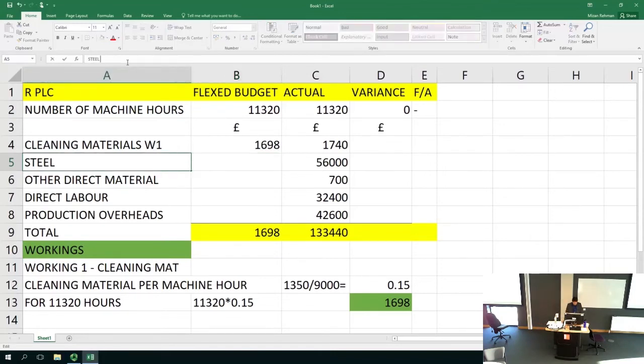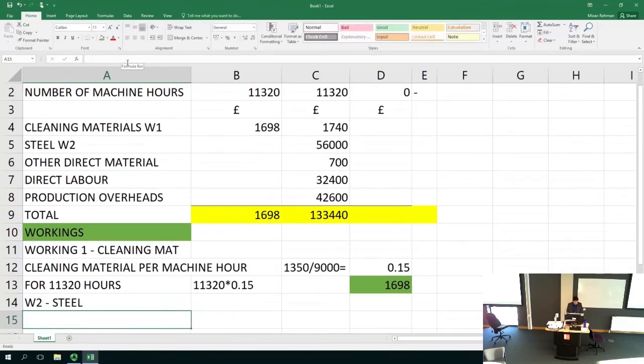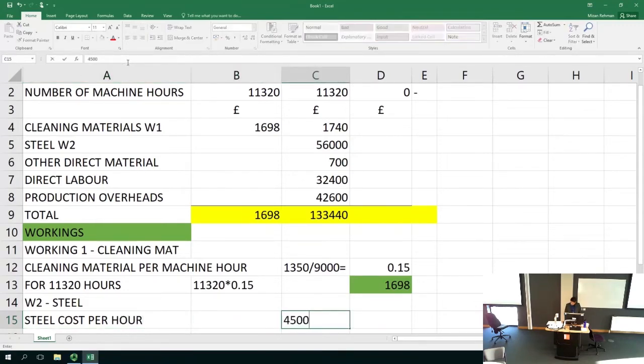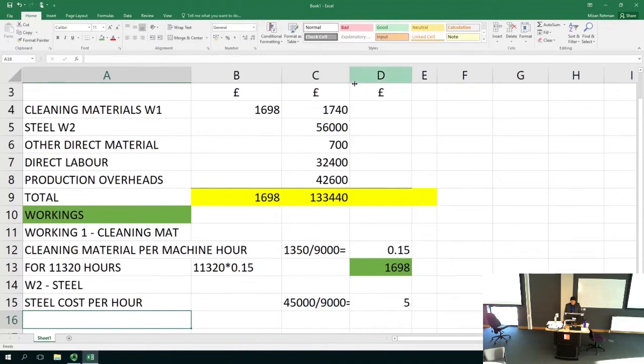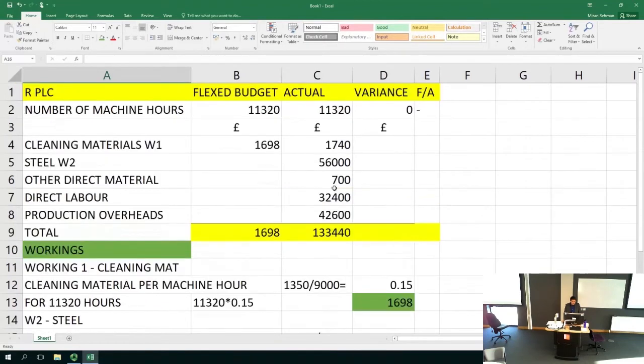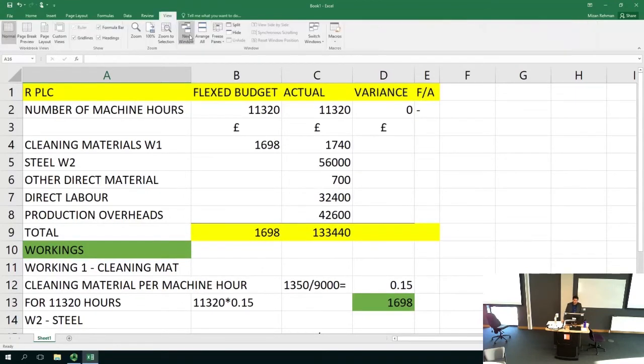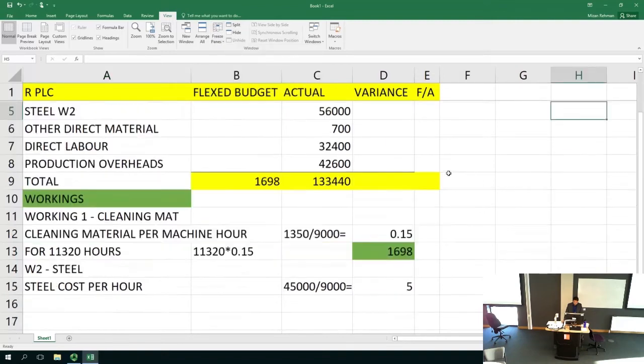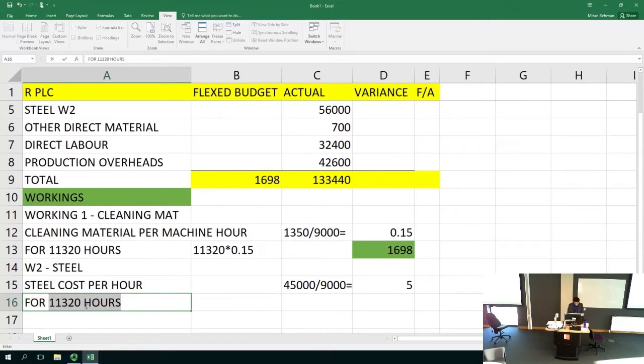My working for steel. The cost on steel is £5 per machine hour, for the actual activity.